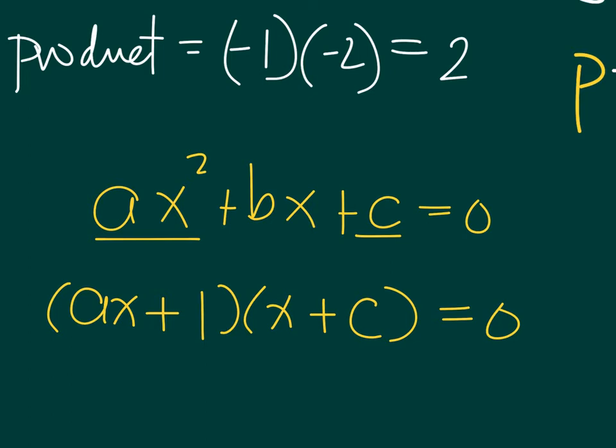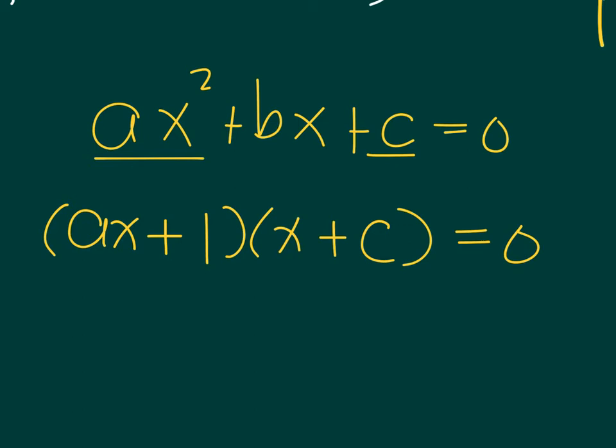Now, there's one important condition for this to be correct. Remember, you don't just select any combination of numbers. If you review the FOIL method, it's a common way of expanding expressions. So FOIL is one way of multiplying expressions.